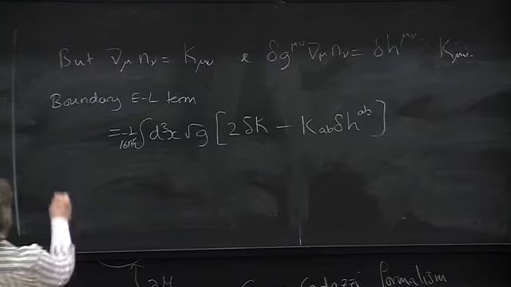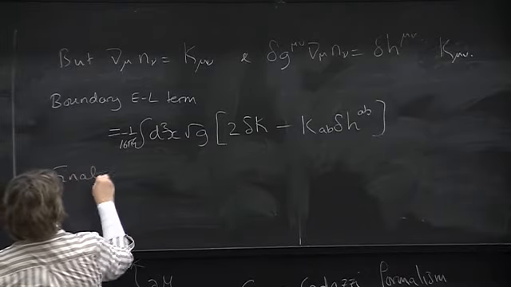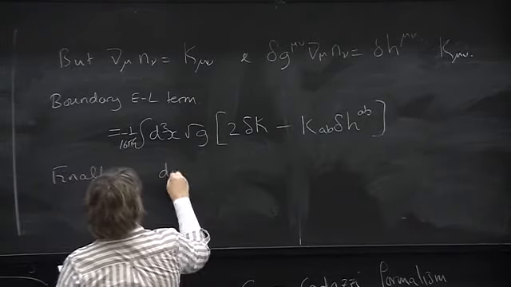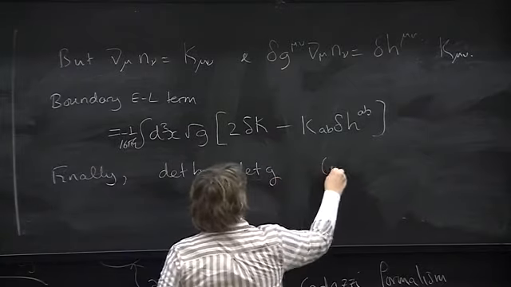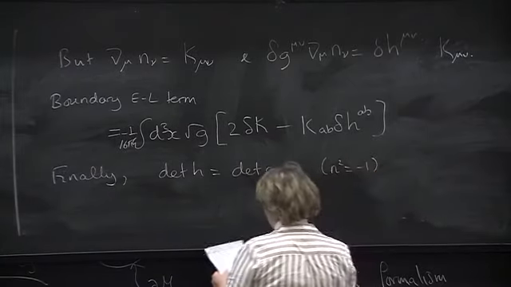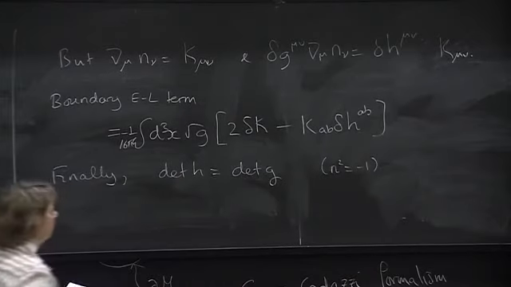And then finally, det H is equal to det G, at least because n squared is -1, again ignoring signs.